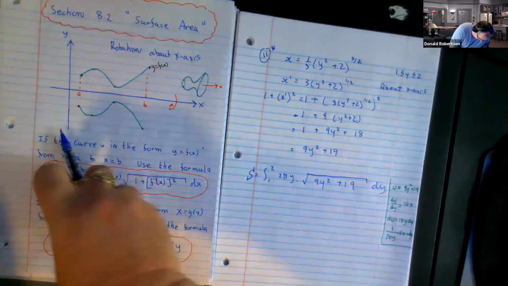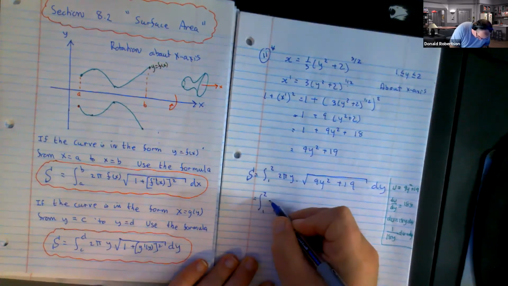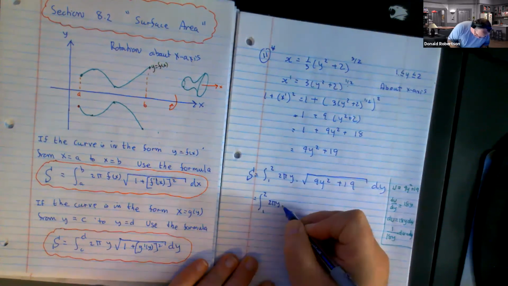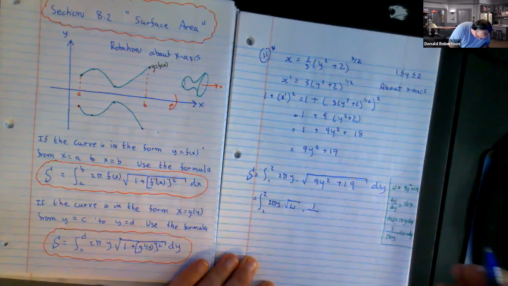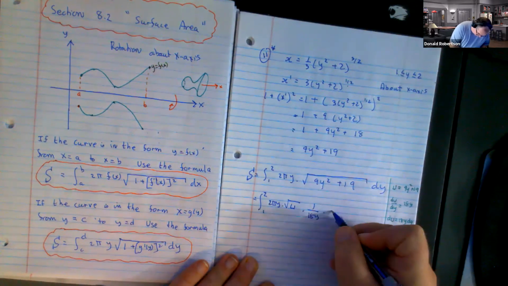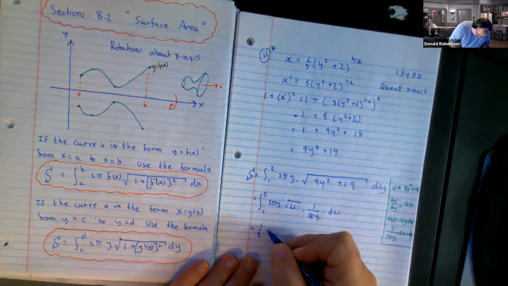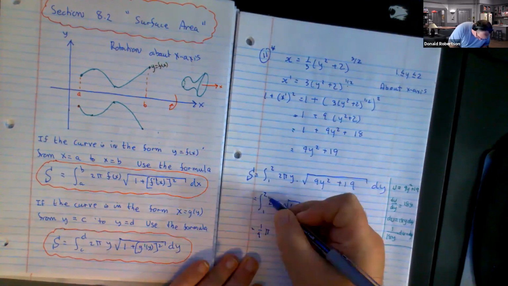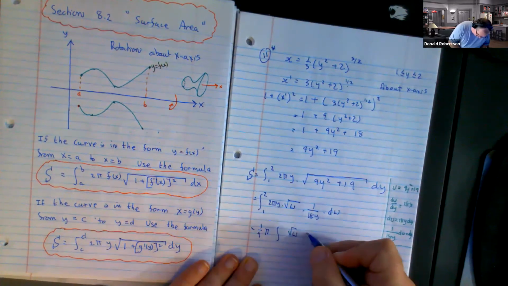So we now have the integral from 1 to 2 pi y square root of u times 1 over 18y du. That gets you a ninth, so I'll pull out the pi, and I shouldn't really have done limits of integration now. Square root of u du.